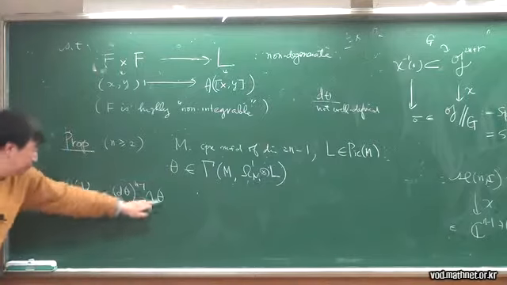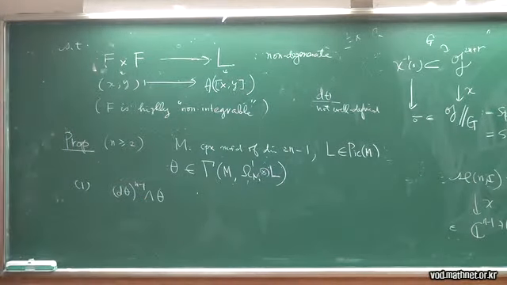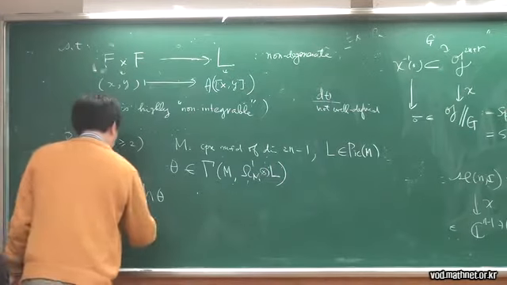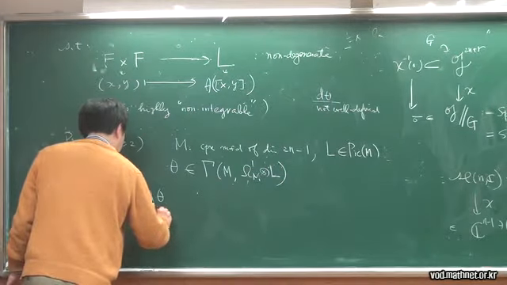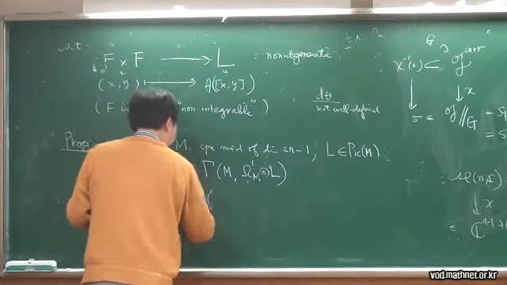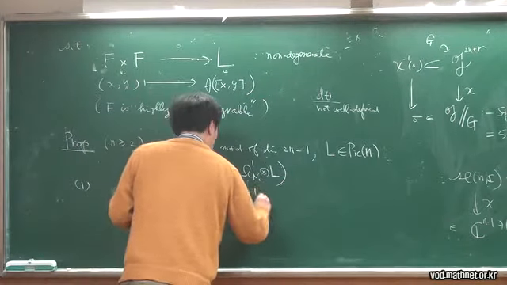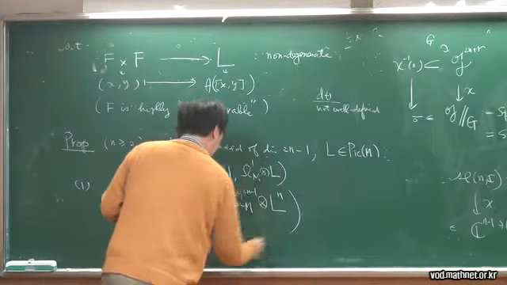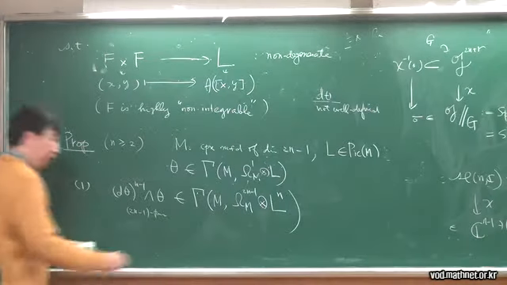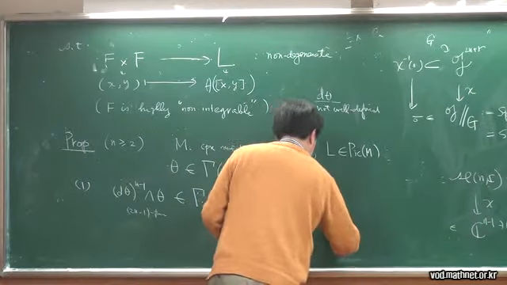But this is a 2n minus 1 form, and it is well defined as an element of Omega 2n minus 1 of M tensor L to the n.